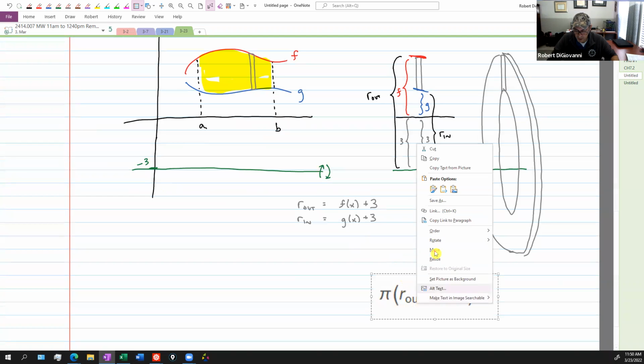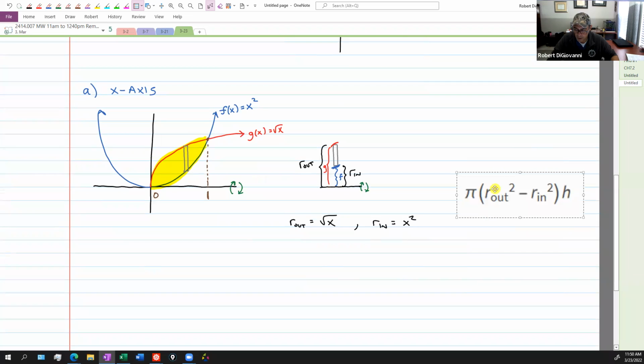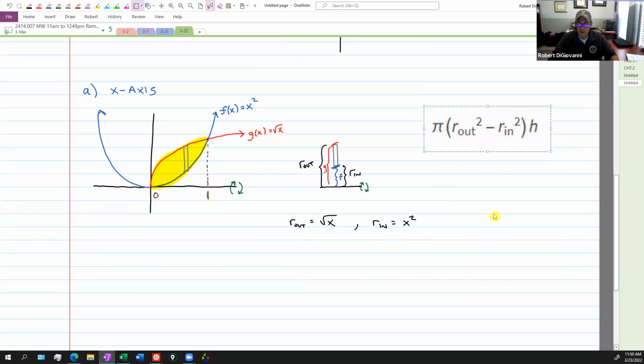So let me grab this again so we have it. Copy, paste it here. All right, can you all handle this? I'm ready to put the integral together. I know I want an integral that goes from 0 to 1, and then it's going to be this formula replacing my R out, my R in, and my h. Pi is a constant, right?